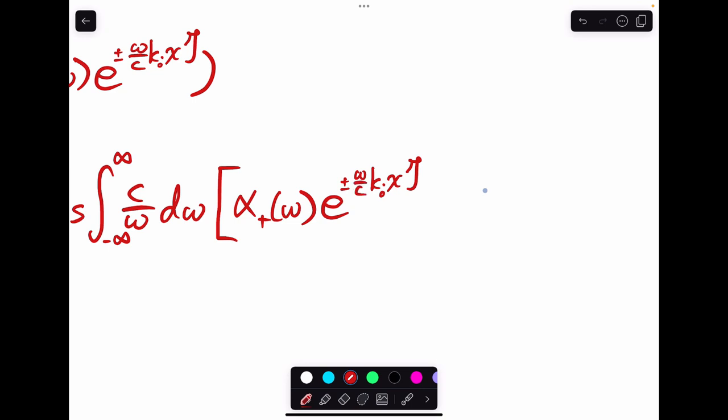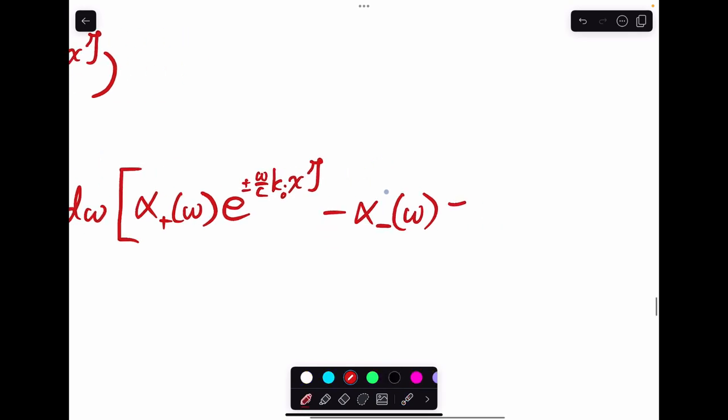And then for some reason the book or the paper doesn't explain, it just says that the derivative of the minus component is going to give a minus sign. So you need this. It doesn't explain, but it just says that.